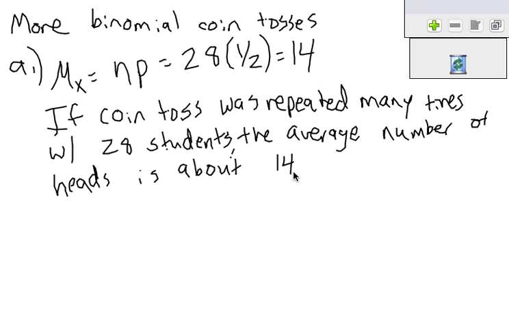Okay, somewhere in that range. You're repeating that trial of 28 students many, many times, and if you do it many times, the average number of heads is going to be about 14. So that would be your answer on that one.